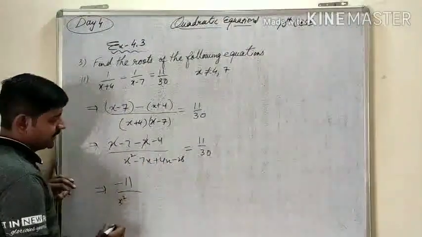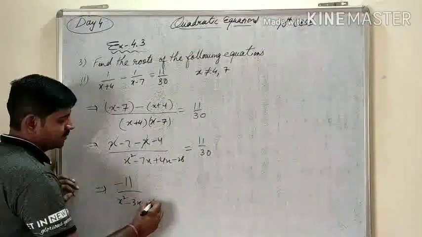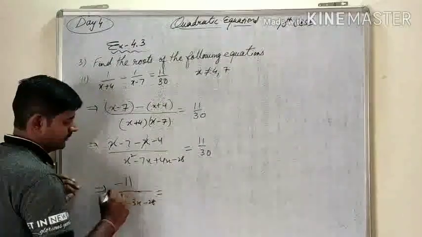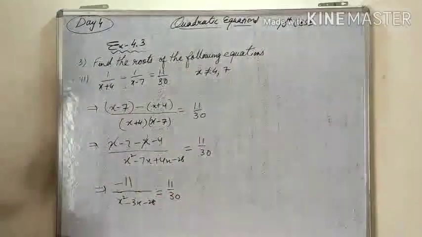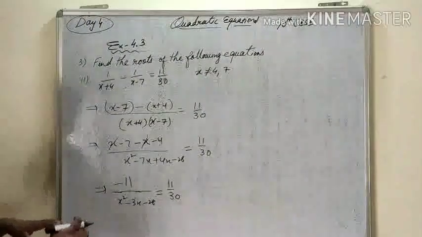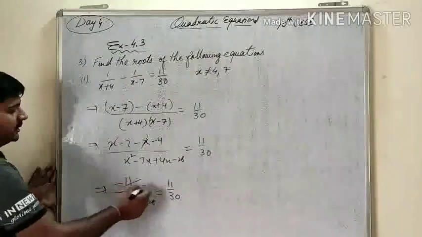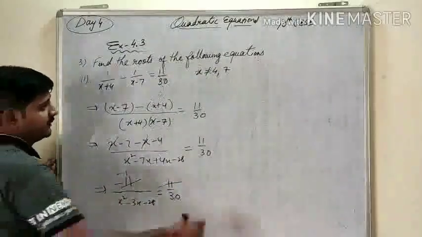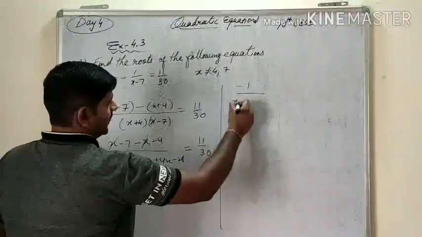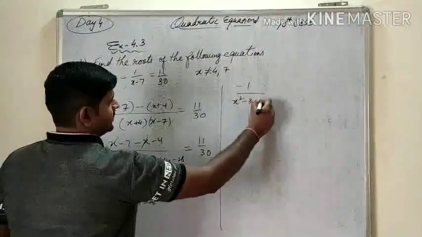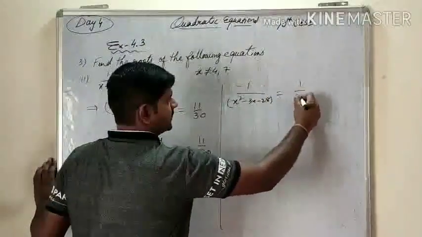Downward we will get x square, their difference is minus 3x minus 28, and 11 upon 30. As we can see, the 11s cancel each other, so negative 1 will be left. So remaining is minus 1 upon x square minus 3x minus 28 equals 1 upon 30.